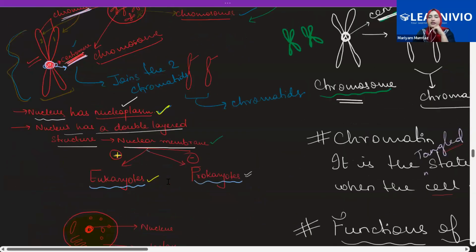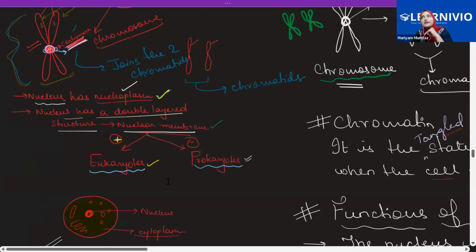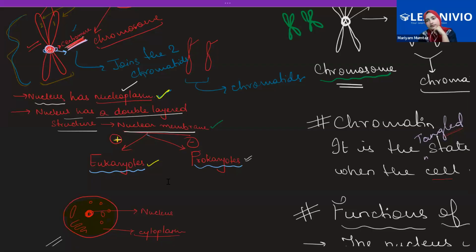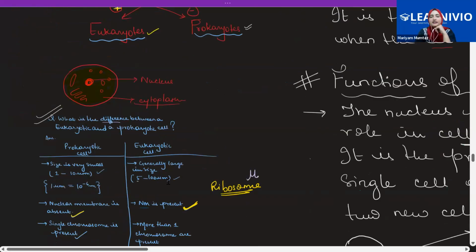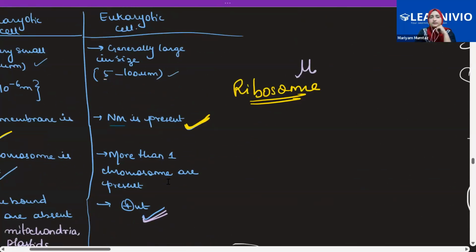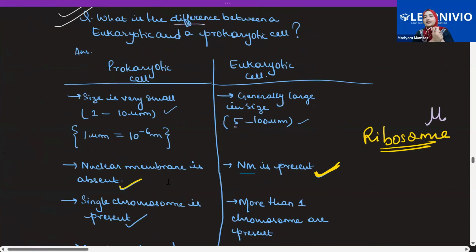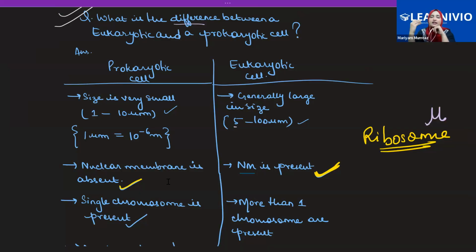Now, can you tell me the basic difference between a prokaryote and a eukaryote? A prokaryotic cell does not have a nucleus, and a eukaryotic cell does contain a nucleus. Other than that, prokaryotic cells are always much smaller in size compared to eukaryotic cells.